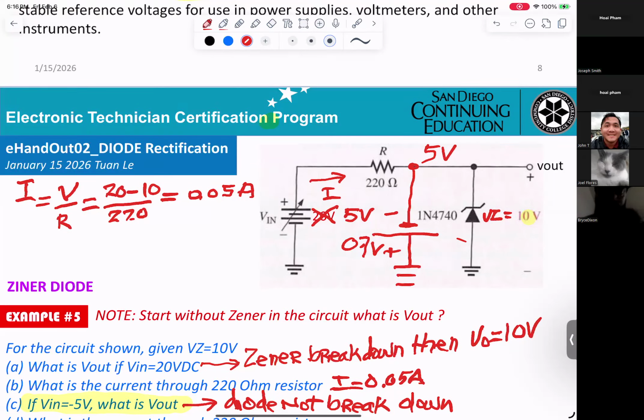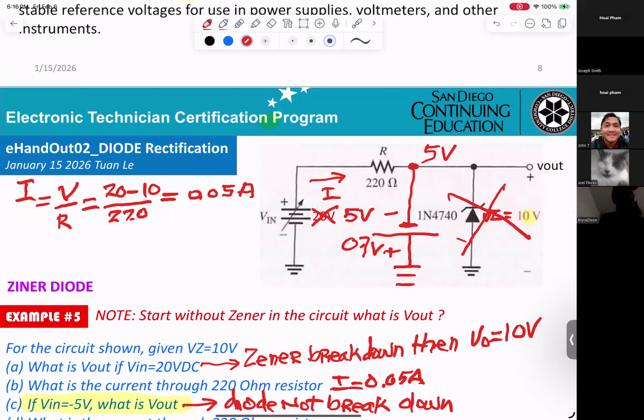My question is, they change the input to 5 volt. If no Zener, then you get 5 volt. Correct? Correct.